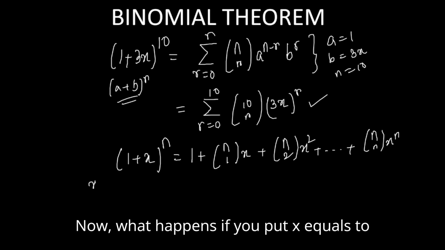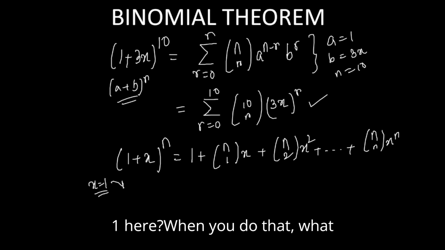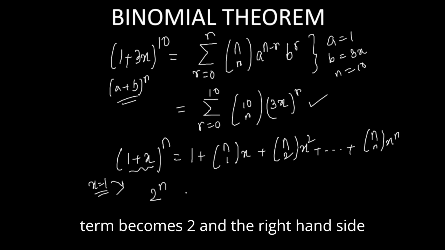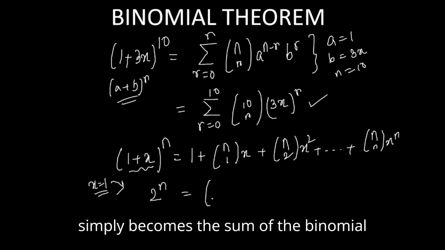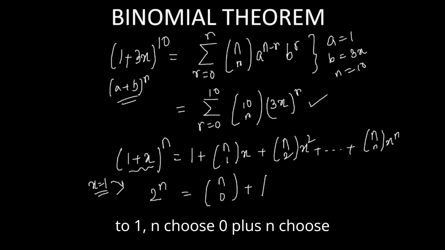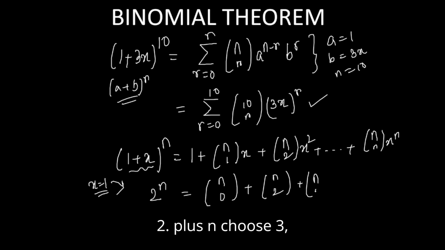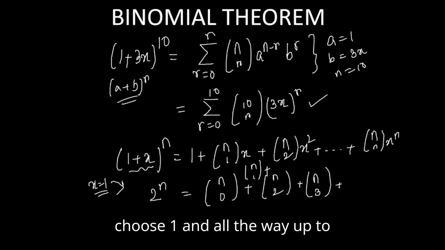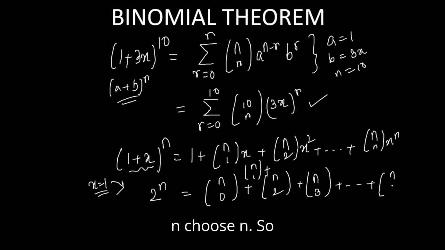Now, what happens if you put x equals 1 here? When you do that, what you get is 2 to the power n, because this term becomes 2. And the right hand side simply becomes the sum of the binomial coefficients, since all of the x's turn to 1. N choose 0 plus n choose 1, n choose 2, n choose 3, and all the way up to n choose n.